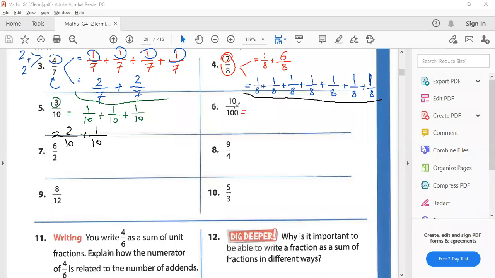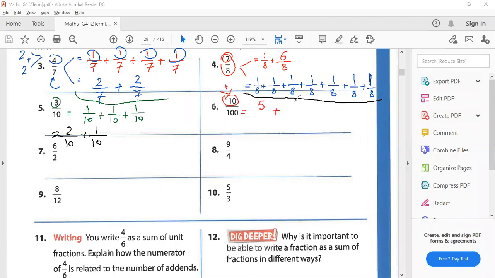Okay, so another way. We deal with the numerator. We can split this 10 into two numbers: 5 plus 5.